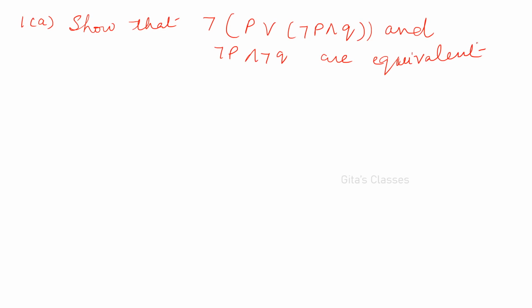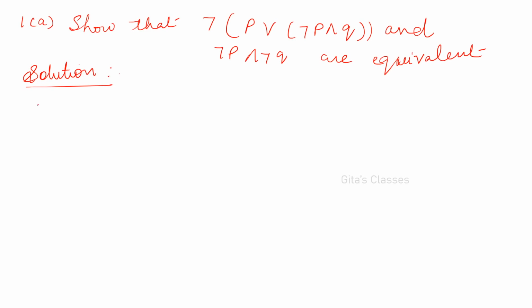Okay, let us check. First, you can prove this in two different ways. Both the answers I will write: using the equivalence method, and using the truth table also you can write.